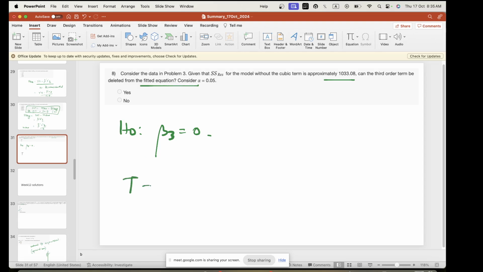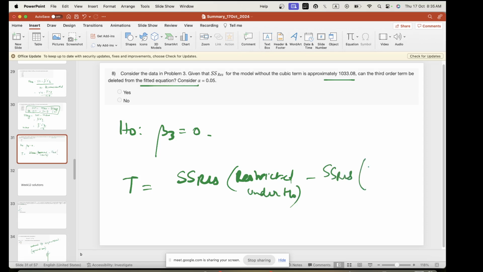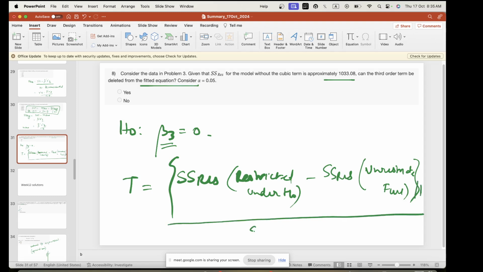So in order to test that, what we are doing is SS residual of the restricted model, or under H naught, minus SS residual of the unrestricted, or rather full model. Here we are testing one parameter, so this would be divided by 1, and below would be MS residual unrestricted.